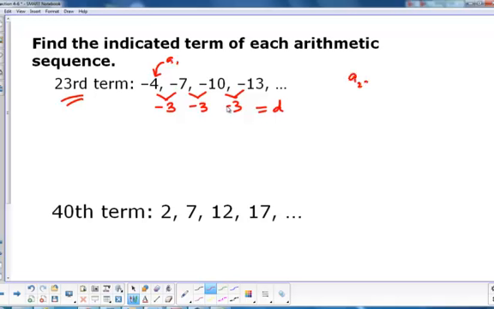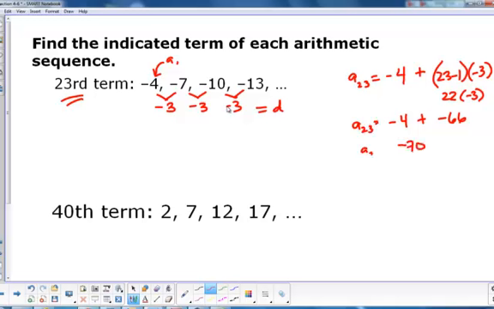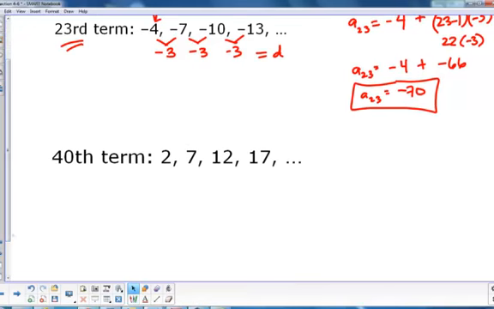So the 23rd term will equal the first term plus the 23rd term minus 1, and we're minusing 1 because we're using the first term, times the common difference. So 22 times -3 would be -66, and -66 plus -4 is -70. So the 23rd term would be -70. Makes sense, going down by 3, going out that far. Make sure it makes sense, because it's pretty easy to lose negatives in life.